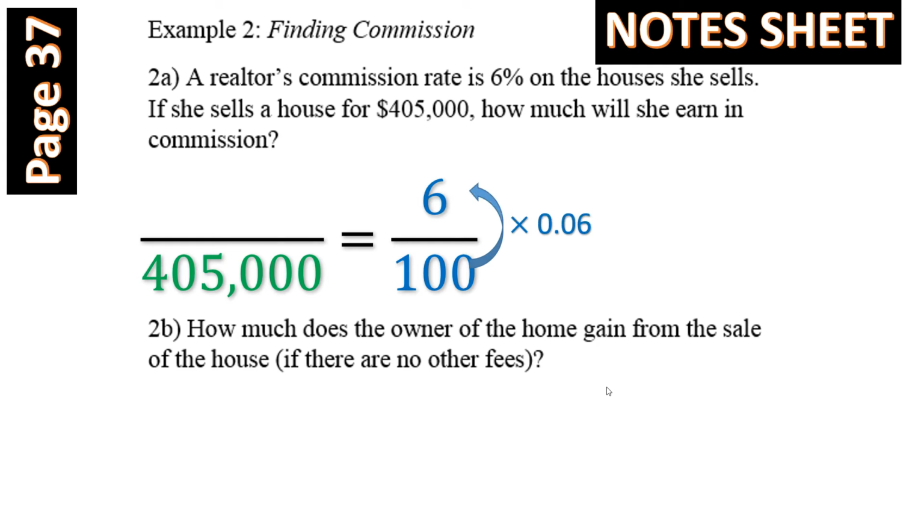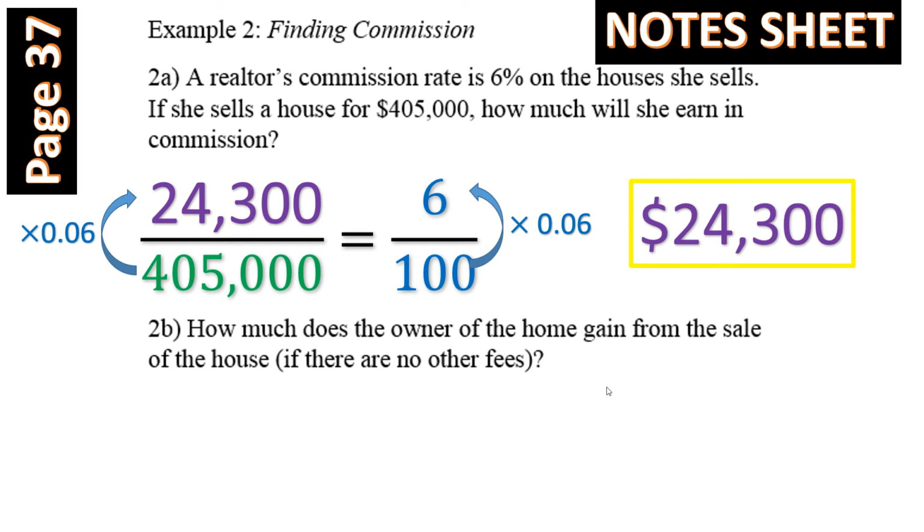We take our percent as a decimal, which is 0.06, and multiply by $405,000. So that's $24,300. And that is how much a realtor could make on the sale of a house. Usually the commission rate is a little bit lower than 6%, but still making thousands of dollars.